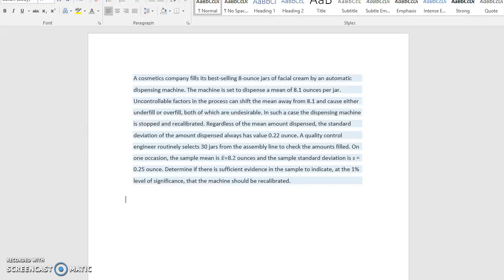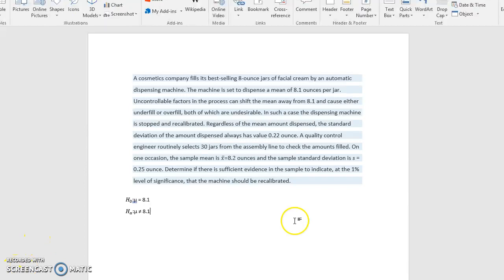So let's start with our null hypothesis. Remember, it's always the mean equal. In this case, we want the mean to be 8.1 since that's what the machine needs to be calibrated to. So our null hypothesis is that the mean should be equal to 8.1.